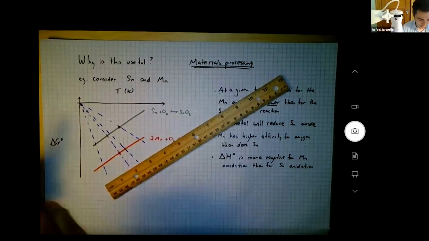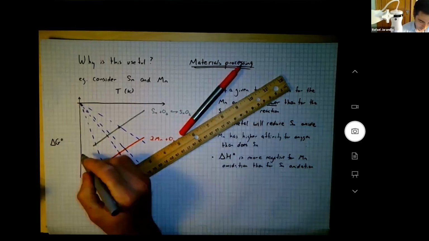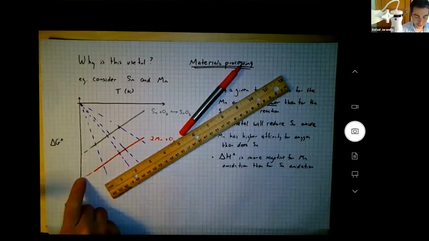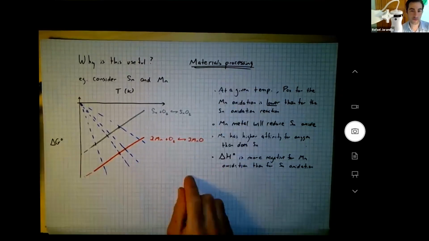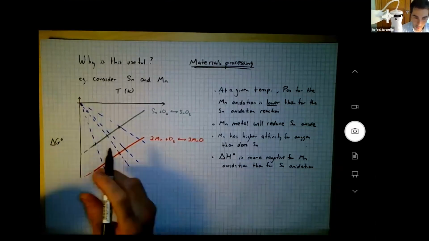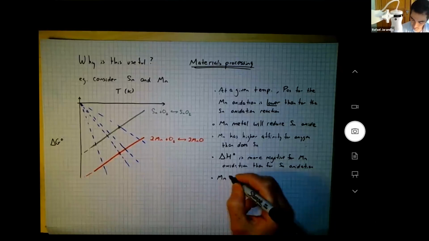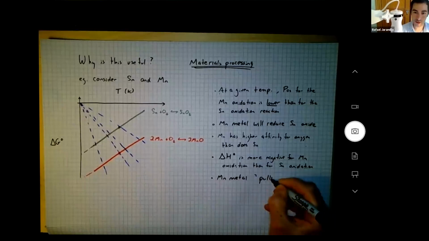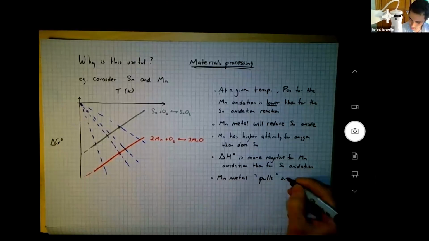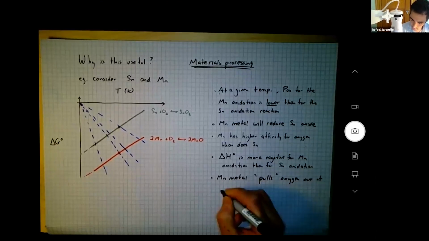Okay, let me extend these lines. All right. The intercept of the manganese oxidation reaction is lower than the intercept of the tin oxidation reaction. The enthalpy of manganese oxidation is more negative. Or speaking a little bit colloquially, manganese metal pulls, in quotation marks, oxygen out of tin oxide.